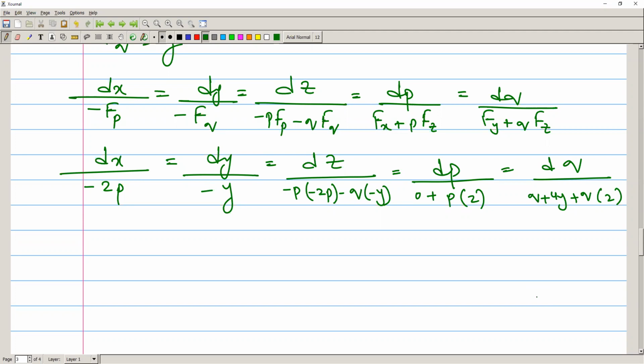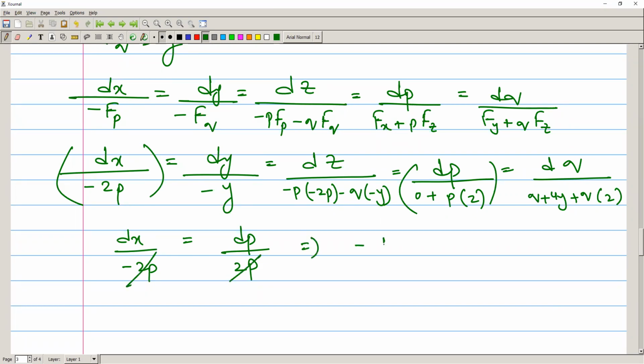So here we can see that if we choose this equation, with this equation we can solve it easily, because it's dx over negative 2p, and that is equal to dp over 2p. So this will cancel out, and this implies that negative dx is equal to dp.